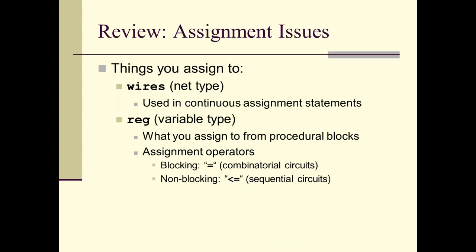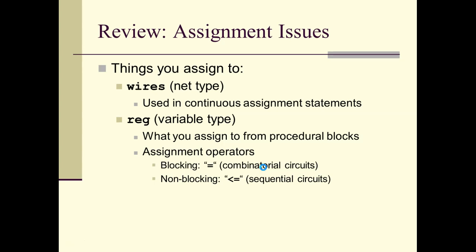We talked a little bit about this before. It's becoming more apparent now that you're going to be assigning stuff to things, for lack of better words. We've been working with wire types, wires and reg. Wires are a net type, regs are a variable type. The wires we typically use in continuous assignment statements.